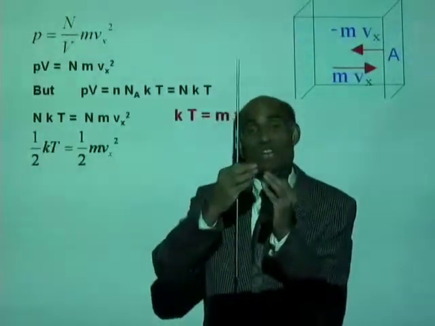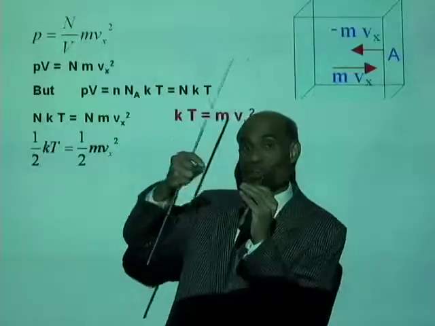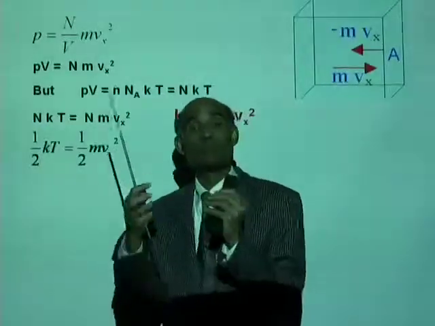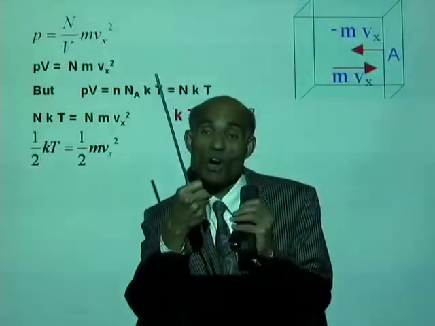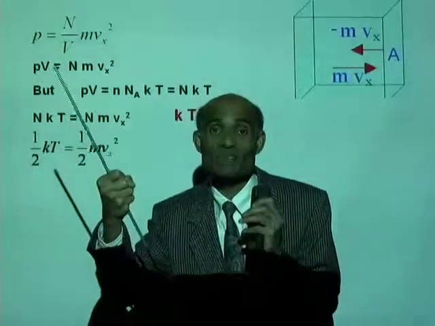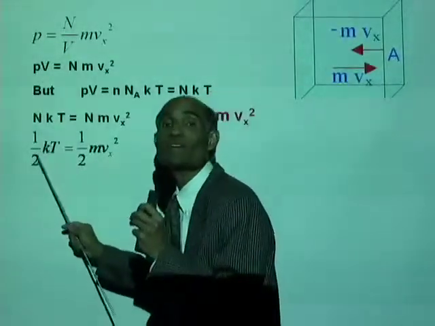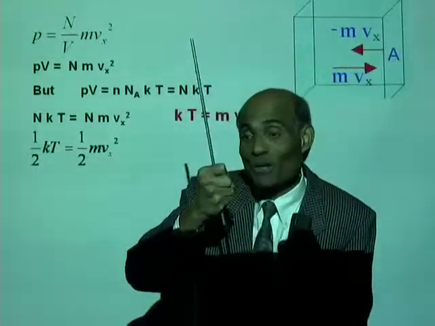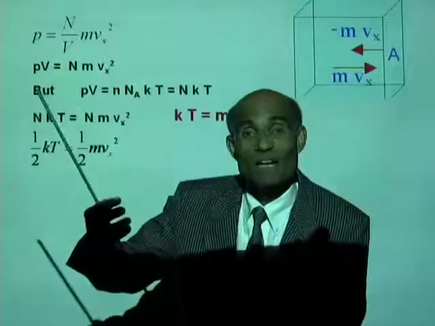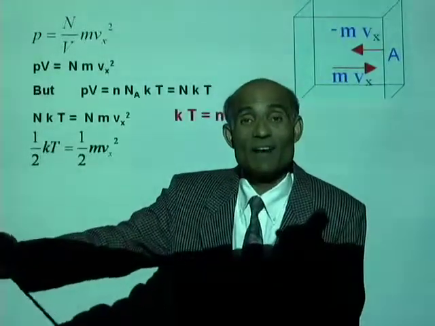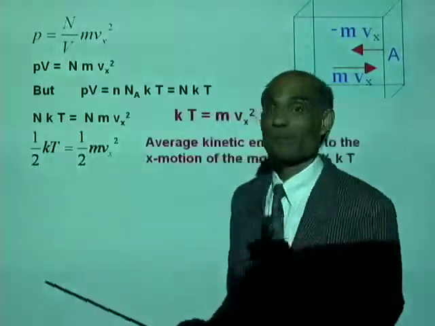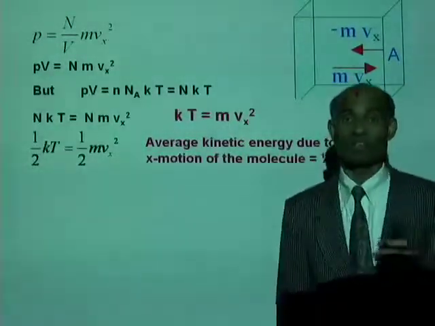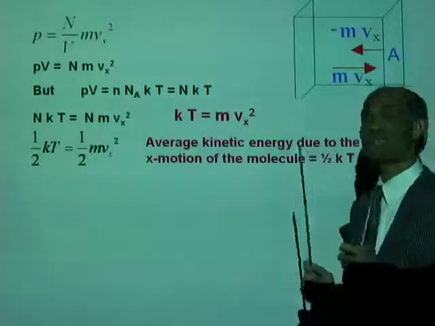So 1/2 m vx squared is a measure of the kinetic energy of a molecule moving in the x direction. And what is that equal to? Equal to 1/2 kT. The energy of a molecule in the x direction is 1/2 kT. I want you to remember that one.